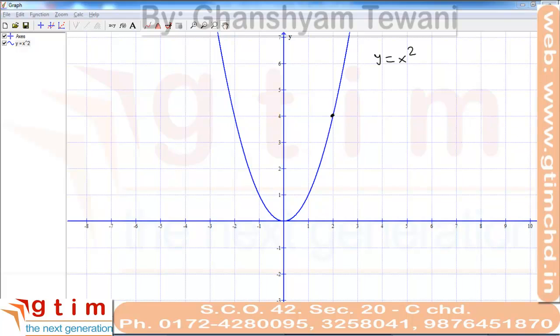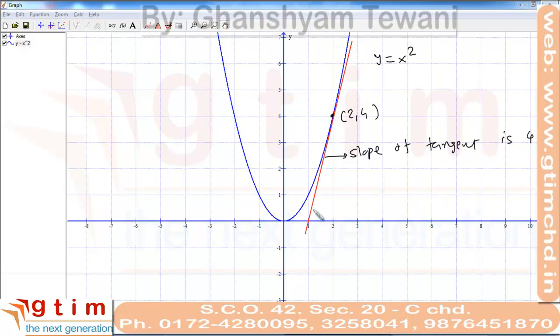Now if I draw a line which touches this graph at point (2, 4) like this, okay, then the slope of the tangent at point (2, 4) is 4.